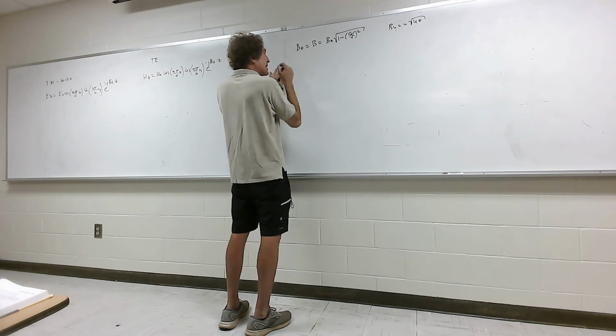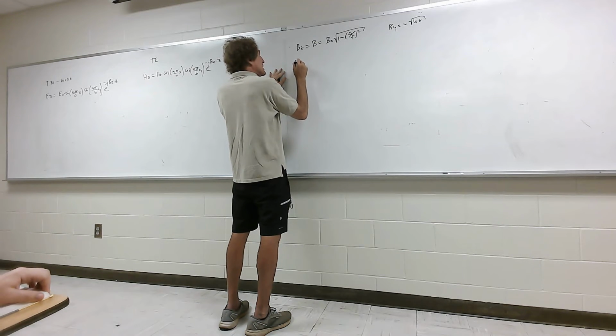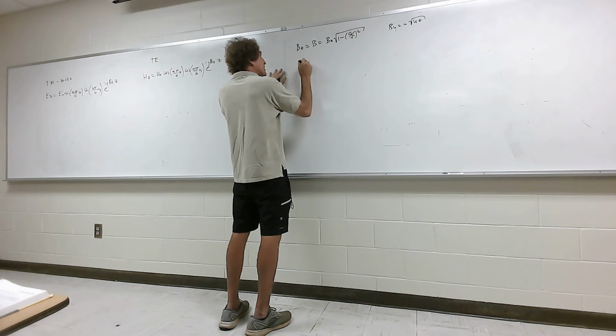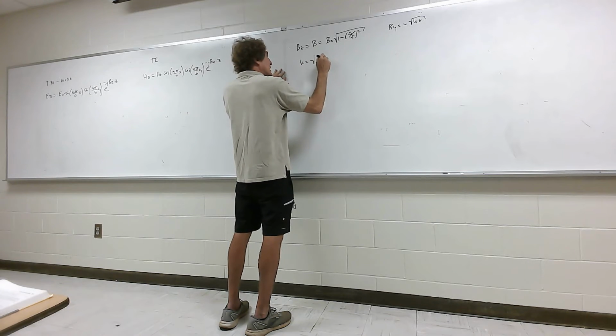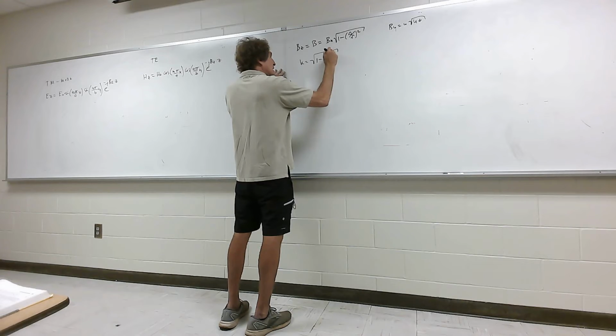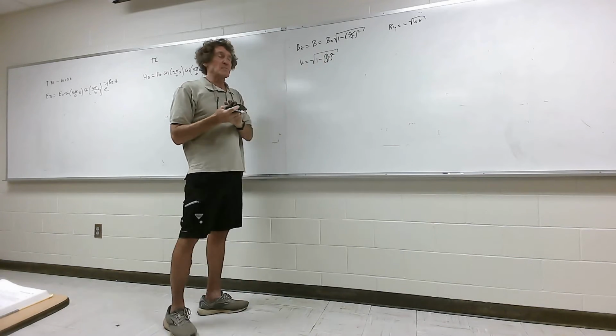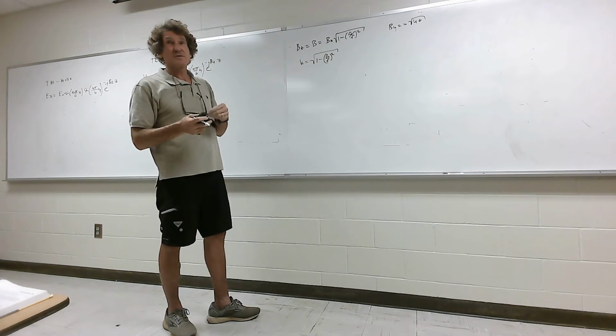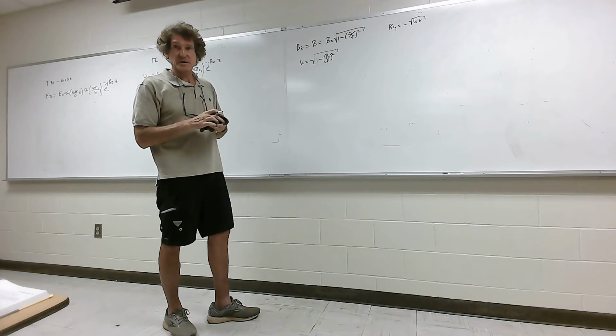Next, k itself is just the square root of 1 minus fc over f, squared. Remember, fc depends on the mode number. There's an fc10, fc20, fc30, and so on.